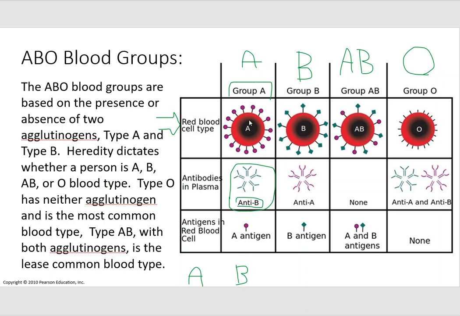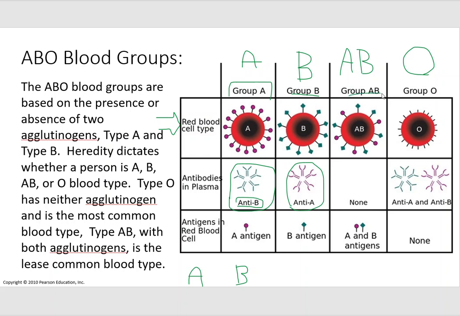And I can't have my immune system attacking my own blood. If you've got type B blood, you have antibodies against the type A. This is what confuses people. If you've got group B blood, then you have antibodies against A antigens. If you've got A, you've got them against B antigens.